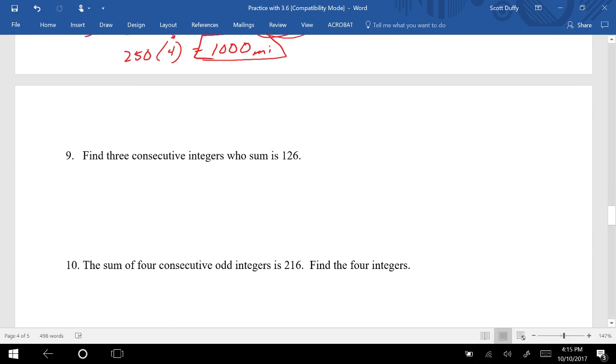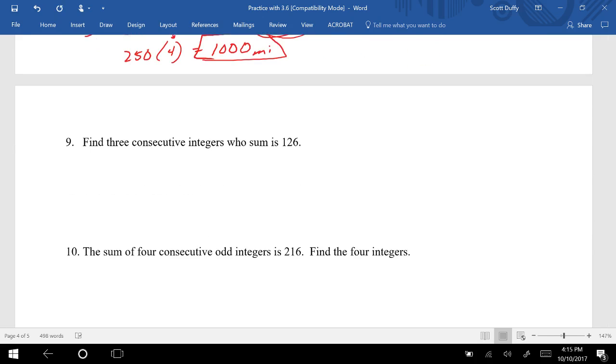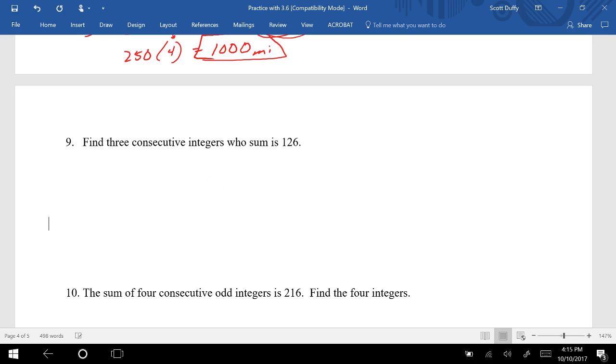Three consecutive integers whose sum is 126. I believe we did this in class, but I will do this again. Consecutive integers. If you start with some number n, the next one would be n plus 1 because it's one more than the previous, and then the third one would be n plus 2.